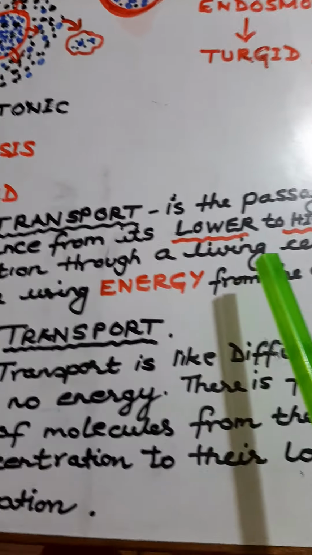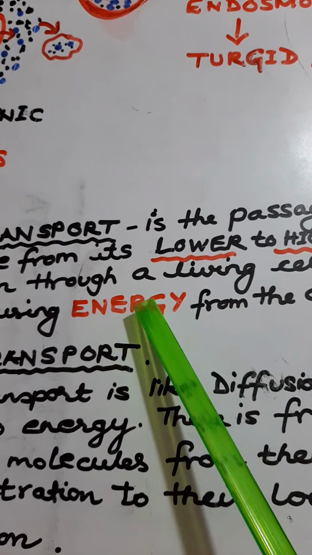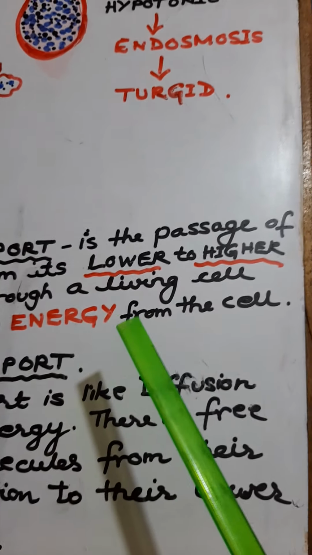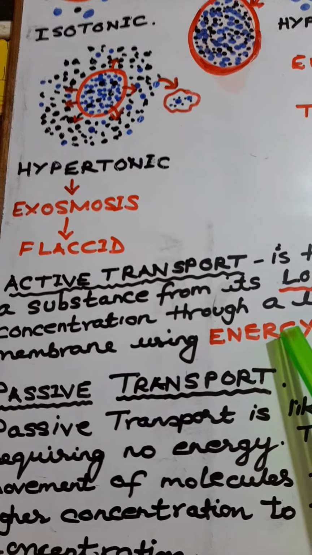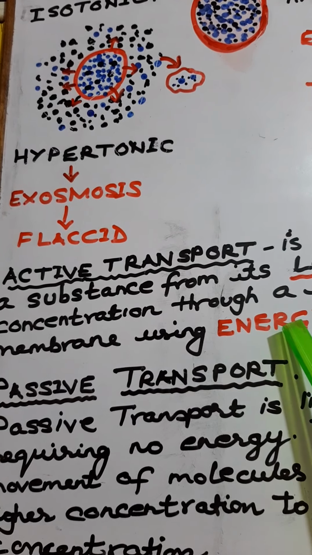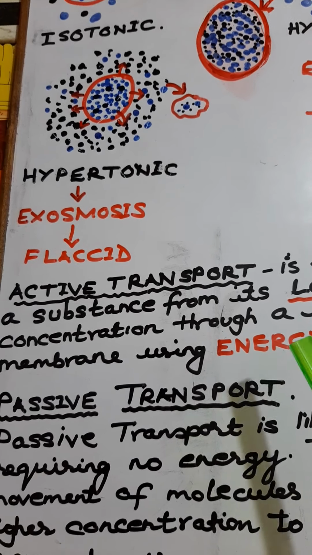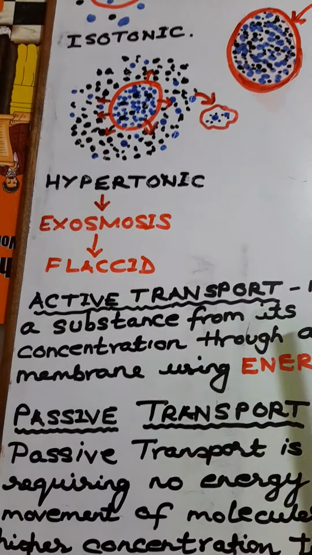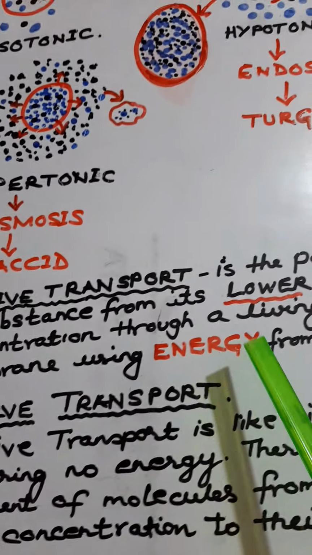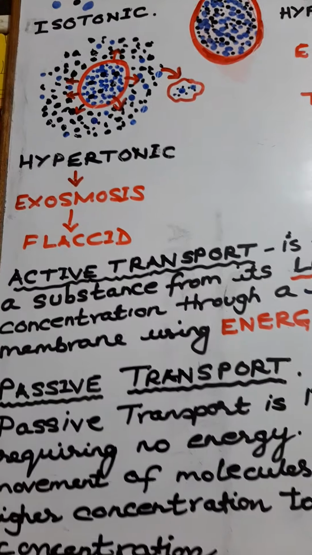But when molecules have to move from lower to higher, it requires energy from the cell. Don't forget this energy part. When molecules move from lower to higher concentration across a living membrane using energy from the cell, that is called active transport.